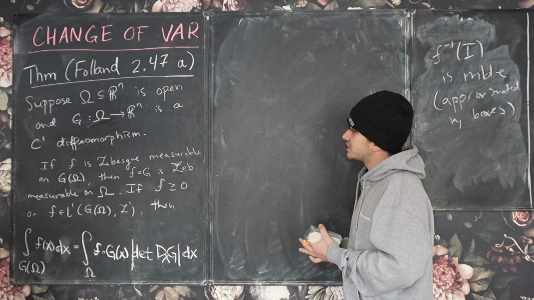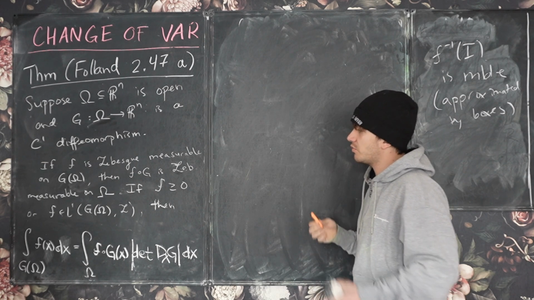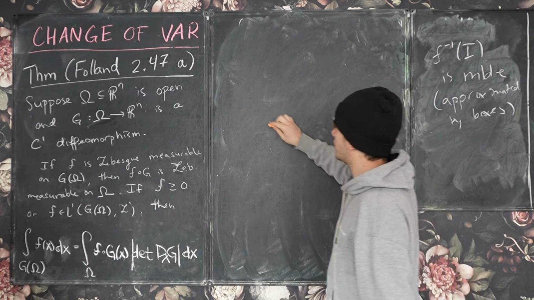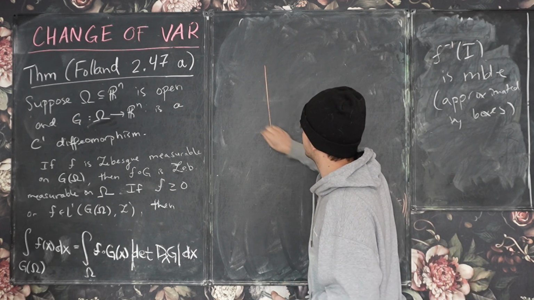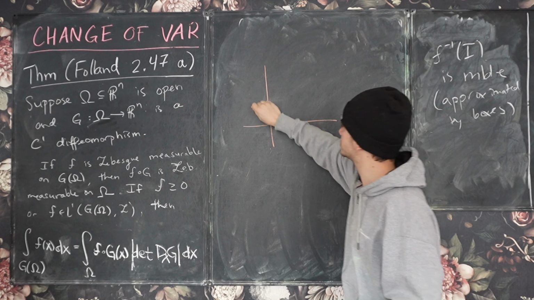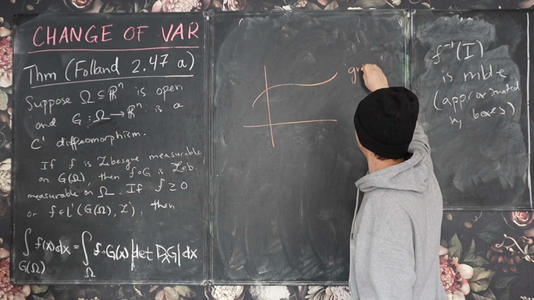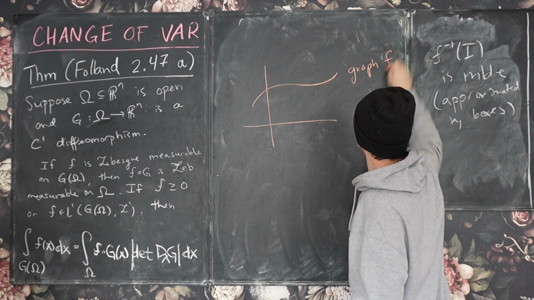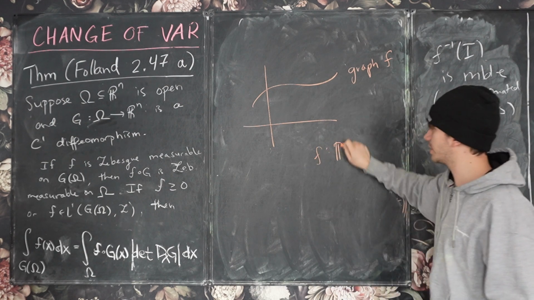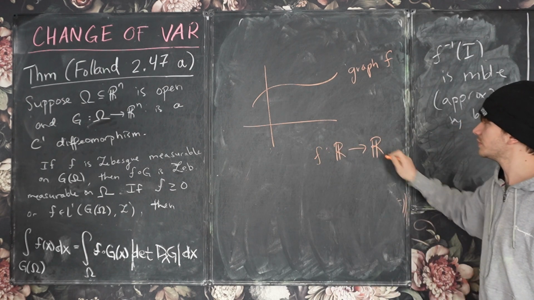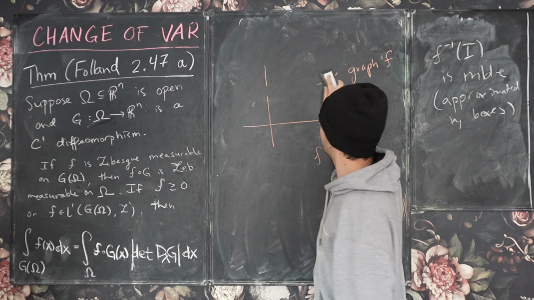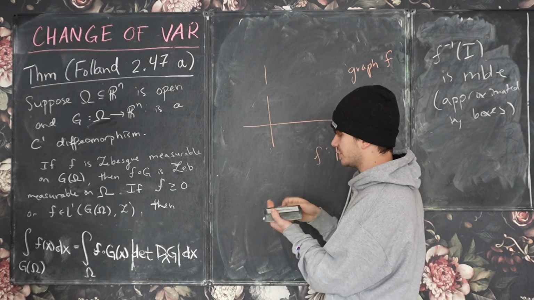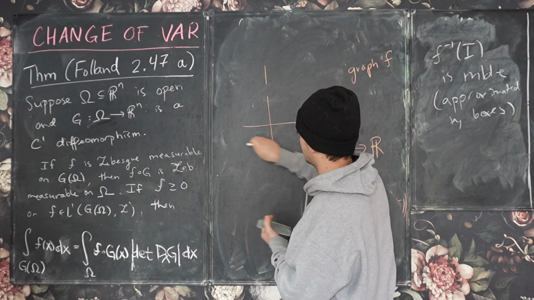So one way of thinking about what we're trying to show here is, if you look at maybe one dimension for now, let's graph a function. So here's the graph of, let's say, a function f, where f is a function from the real line to itself. Okay? And we want f to be a C1 diffeomorphism, so it had better pass the horizontal line test.